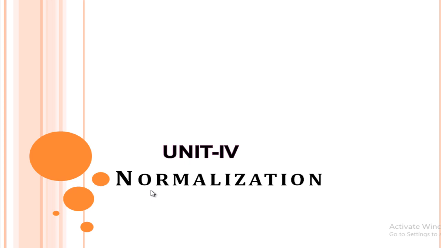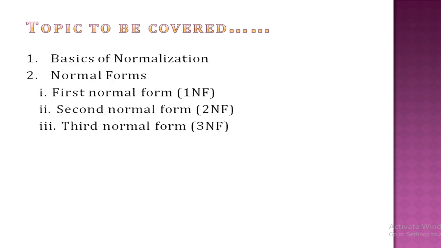And today's topic is normalization. In this chapter we have to cover these topics. First, the basics of normalization, then second the normal forms: first normal form, second normal form, and third normal form. Okay, so let's begin with the basics of normalization.